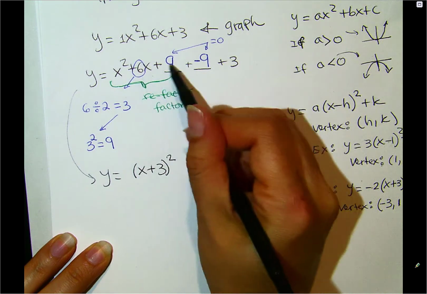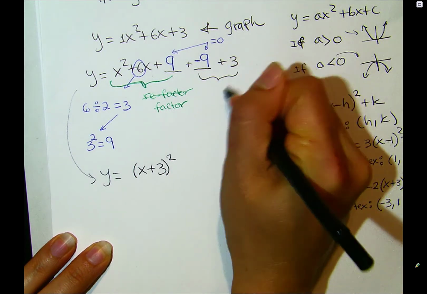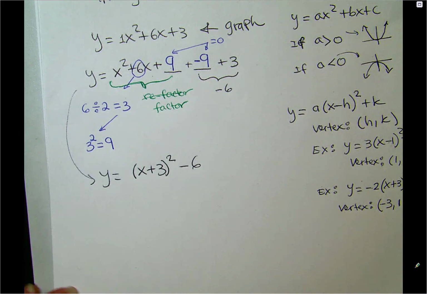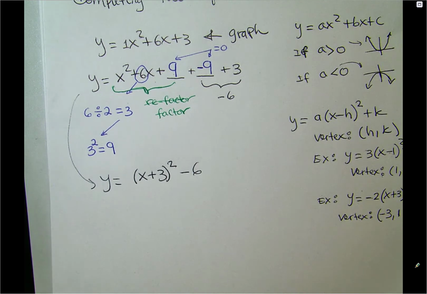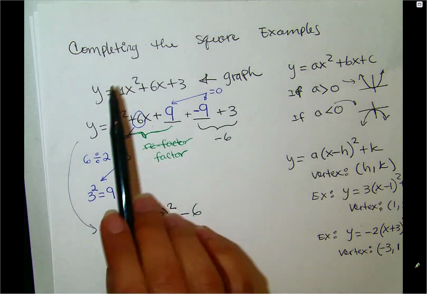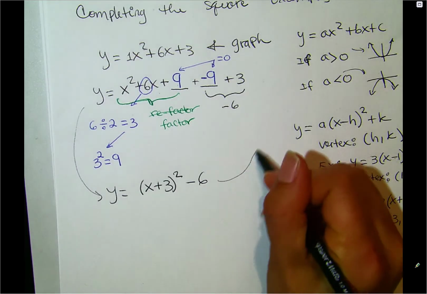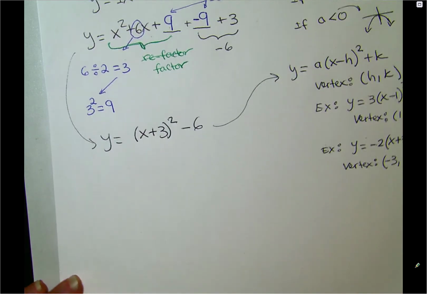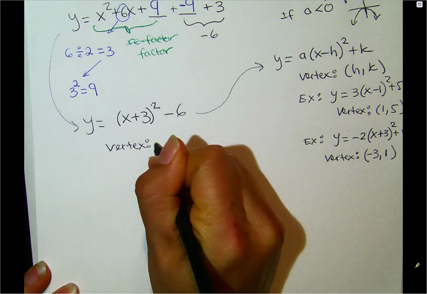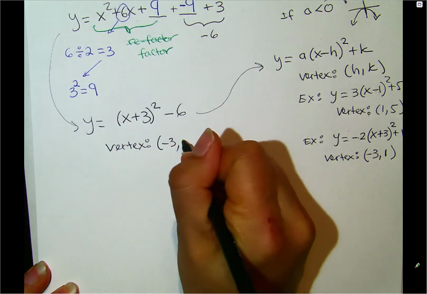But that's just those first 3 terms, so I have minus 9 plus 3, and minus 9 plus 3 is negative 6, so I'm going to have minus 6. And now, by completing the square, I have successfully turned this ax squared plus bx plus c into this format. And so now I can tell the vertex. So the vertex, in this case, is going to be the opposite of that, so minus 3, and that one stays the same, so minus 6.